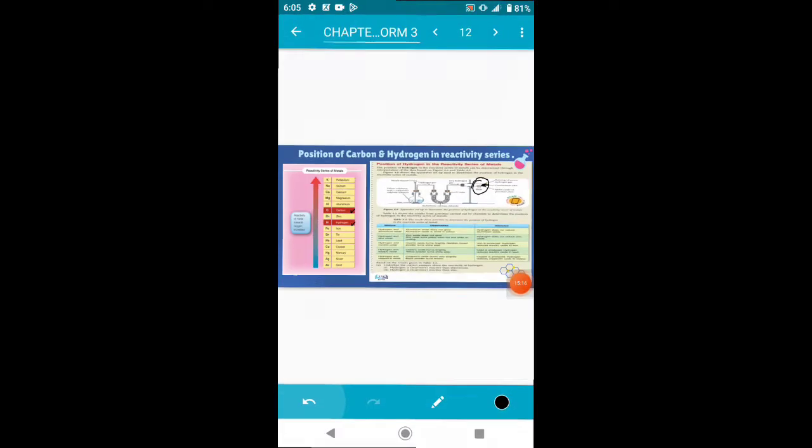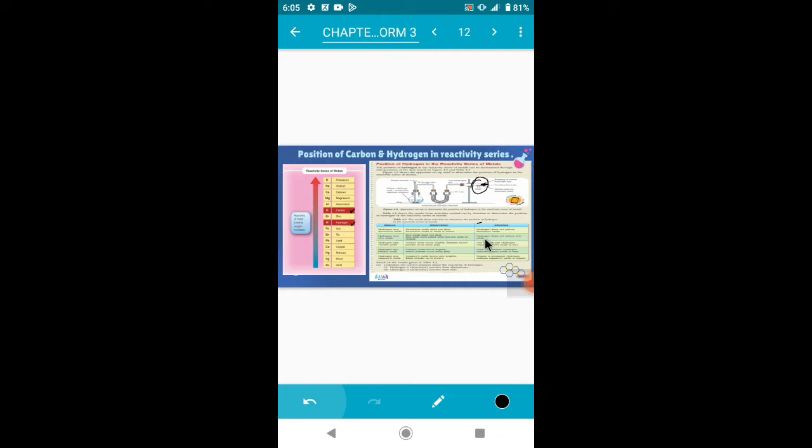If that's so, it means that aluminum is more reactive than hydrogen. So hydrogen, H, should be below aluminum. It should be here, or here, or here. So we do not know yet. That's why we do the second test, which is hydrogen and zinc oxide.